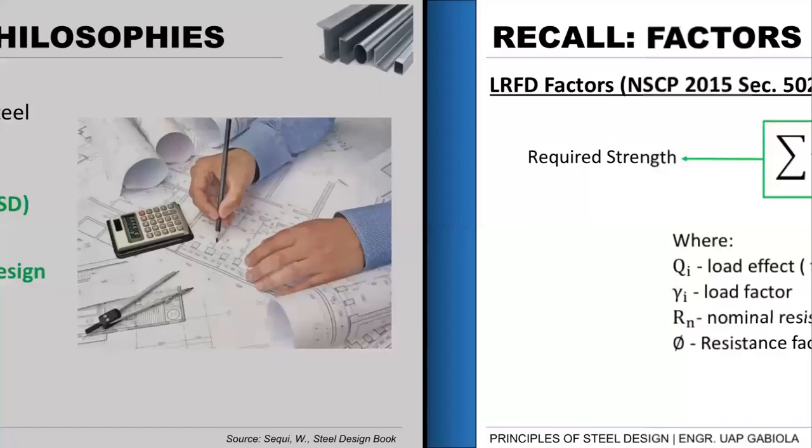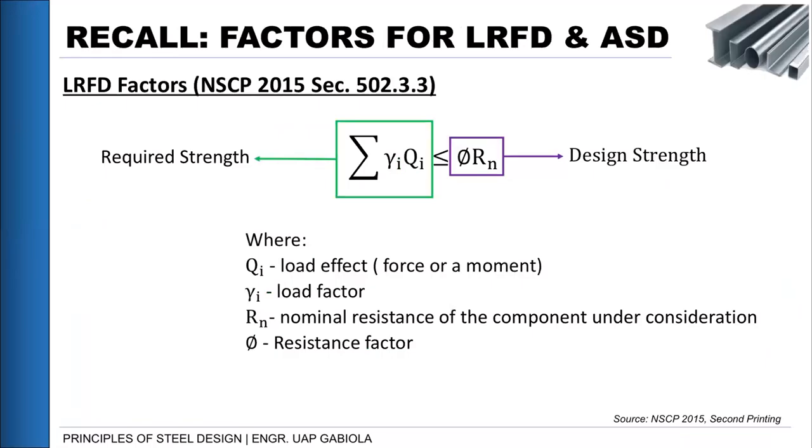We also defined last time the difference between LRFD and ASD. So for LRFD, it uses factors on both sides of the equation, meaning on the required strength side and the design strength side. LRFD uses a multiplier to adjust yung mga values natin.